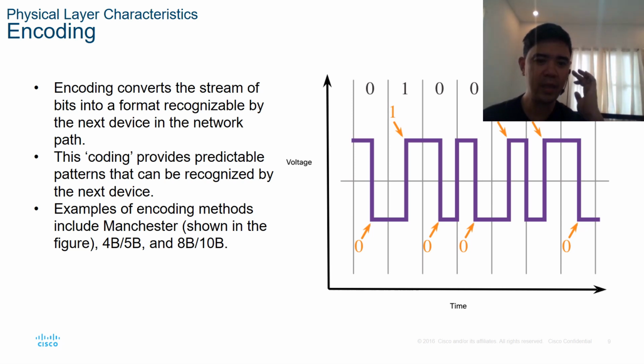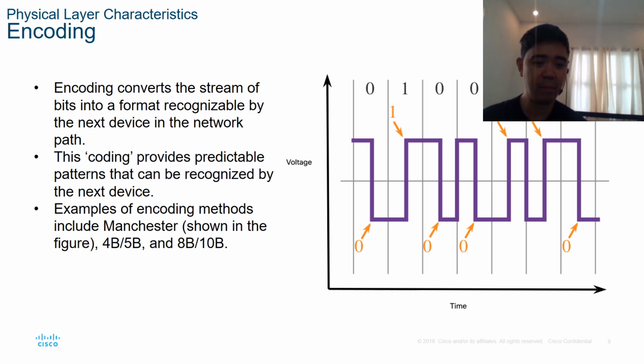Encoding converts the stream of bits into a format recognizable by the next device in the path. It is in the encoding where the LAN card will interpret the 0s and the 1s. There are different encoding mechanisms, which are discussed in your computer organization and architecture.